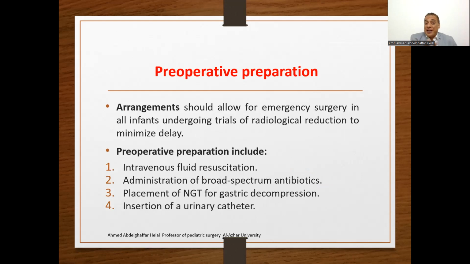Preoperative arrangements should allow for emergency surgery in all infants undergoing trials of radiological reduction to minimize delay. As we said, the pediatric surgeon and the team must be ready and available in the center performing radiological reduction of intussusception.